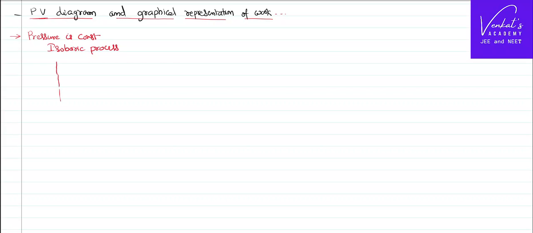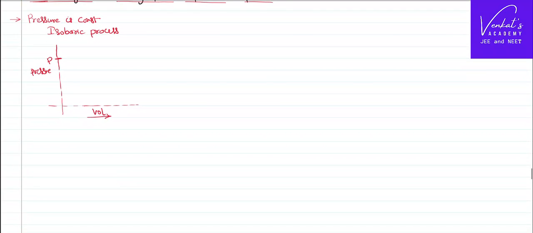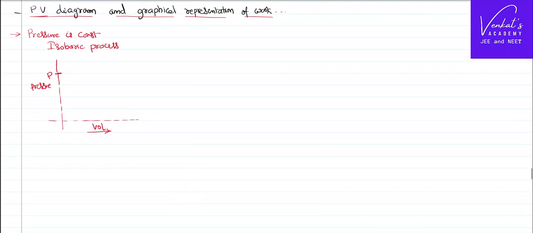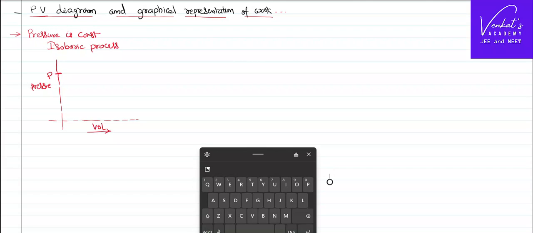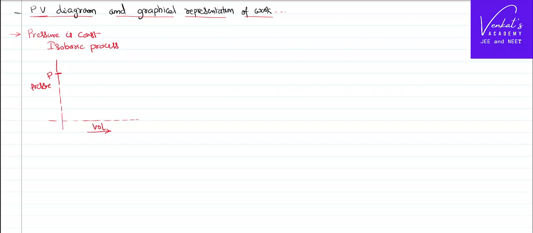So if you draw a graph between pressure and volume, taking the volume on x-axis and pressure on y-axis, in the case of an ideal gas, say at a constant pressure, you have raised the temperature so that the volume is changed from one value to the other value.